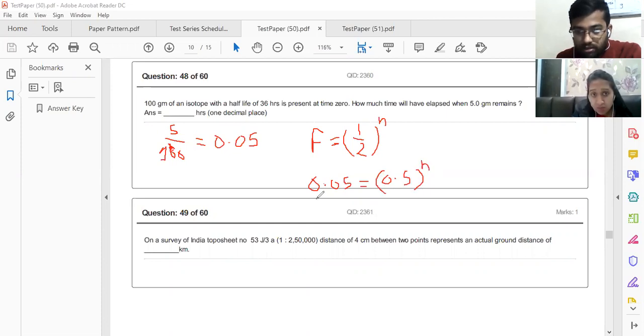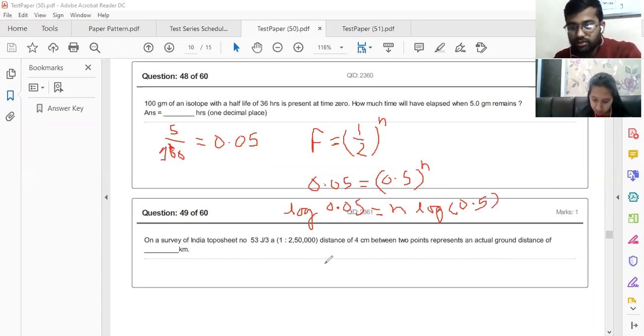To calculate this, apply log, so we'll get log of 0.05 is equal to n multiplied by log of 0.5.